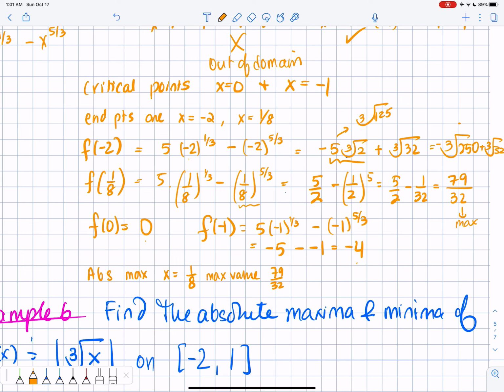You wouldn't get numbers like this on a test. So you have the cube root of 250 minus the cube root of 32. Well, what is the cube root of 250 going to be?